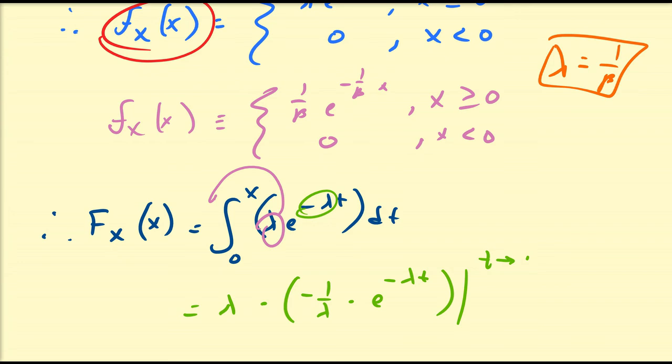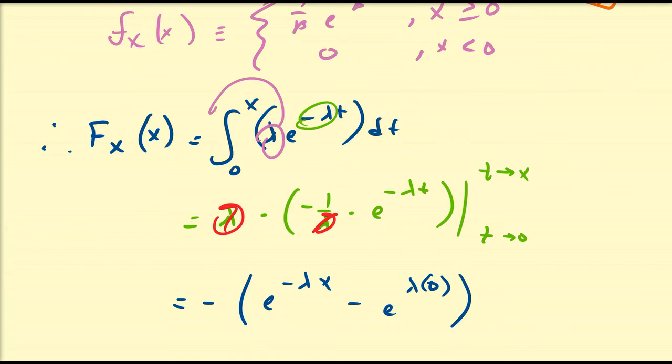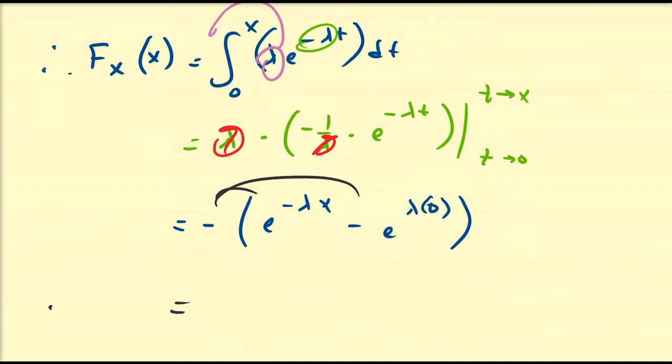Alright, as we see, these lambdas will cancel, and we have a negative coefficient outside. So we have minus, e to the minus lambda x minus e to the lambda 0, which is just 1. And once we negate that, we have the general cumulative distribution function, 1 minus e to the minus lambda x.